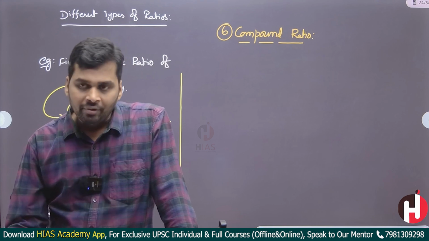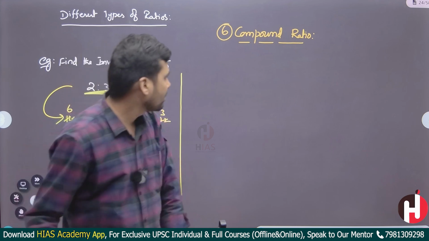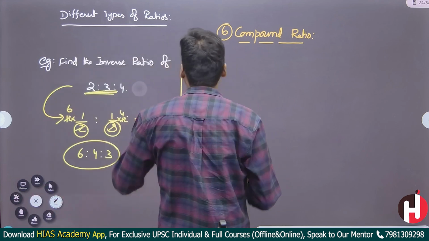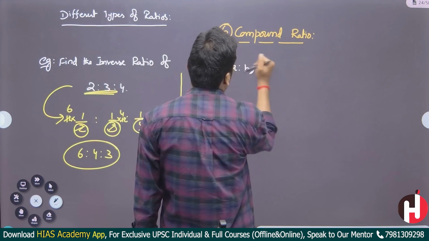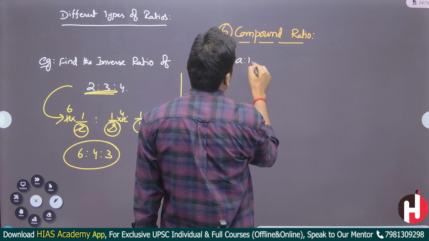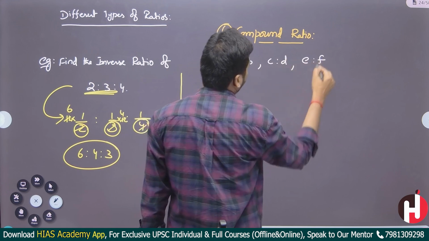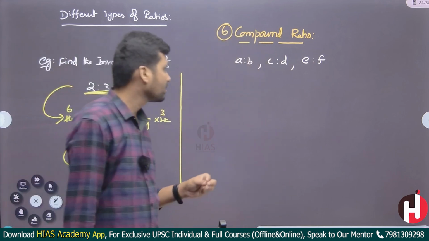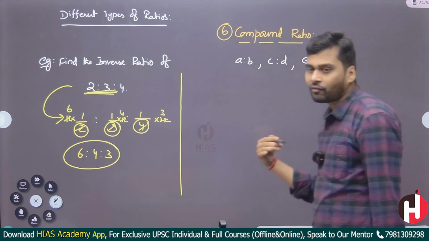Which means that if I ask you what is the compound ratio of A is to B, C is to D, E is to F, find the compound ratio of the ratios A is to B, C is to D and E is to F.